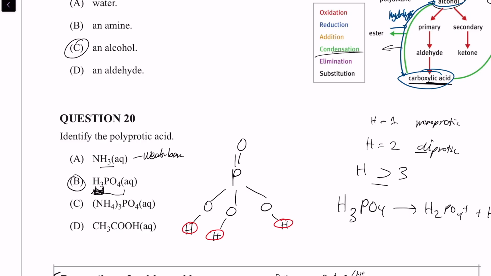That's something to keep in mind. If we immediately see a H3 at the front, then we know it can easily be donated. So we have three hydrogens, and we can tell that B is the polyprotic acid.